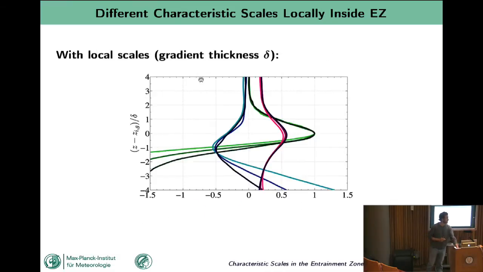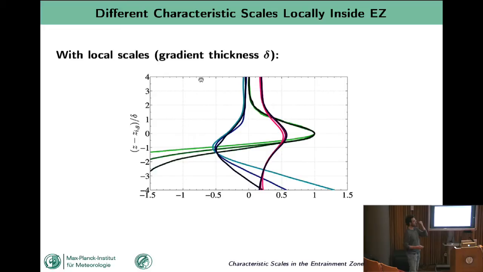And in particular, what proves useful here is to look at some local scale. The way we reason is simply that, as I introduced before, the entrainment zone is somehow a transition region between the upper free troposphere, where you have well-defined properties homogeneous in the horizontal, and the core of the boundary layer, which is also statistically homogeneous in the horizontal. And perpendicular to it, you have a strong variation of certain properties, like the mean buoyancy.